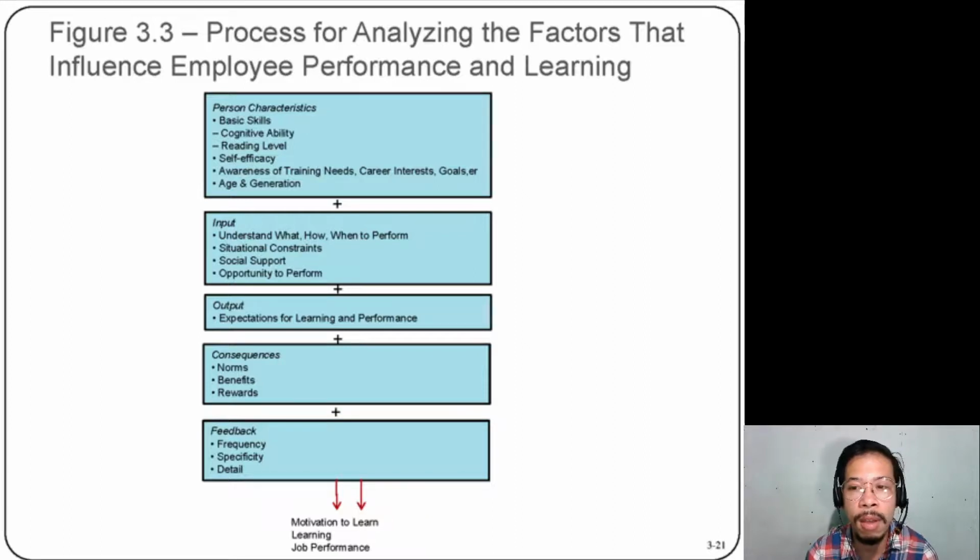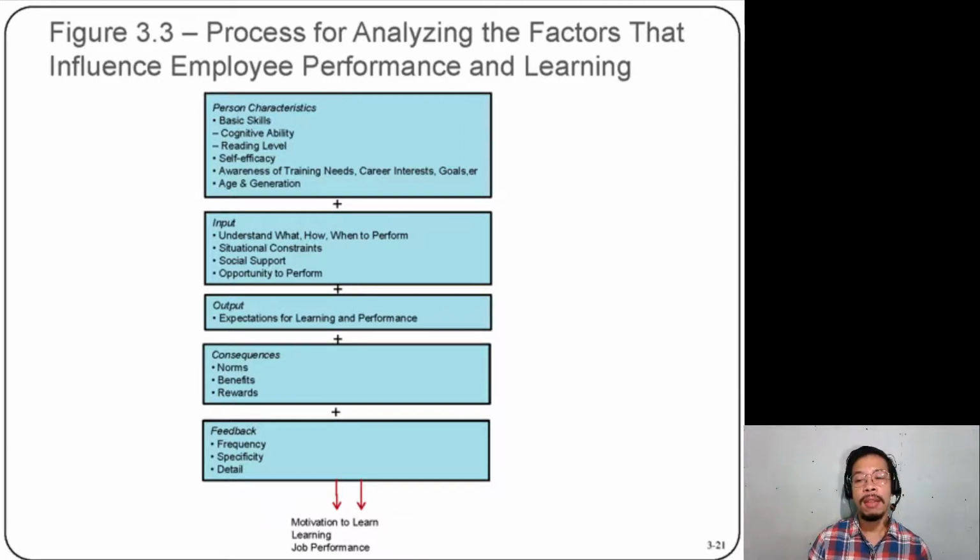So that is how the person understands how the task is performed, when it will be performed, the situational constraints or the environmental constraints, the social support that the person will get within the organization and outside the organization, and the opportunity to perform the task as well. The output for that is we have the expectations for learning and performance.